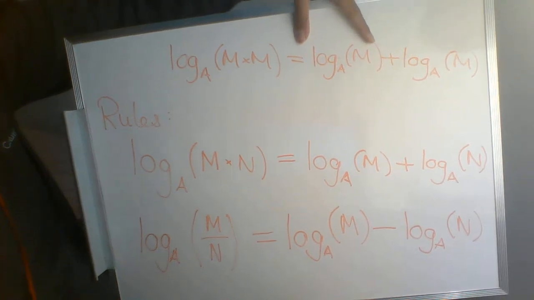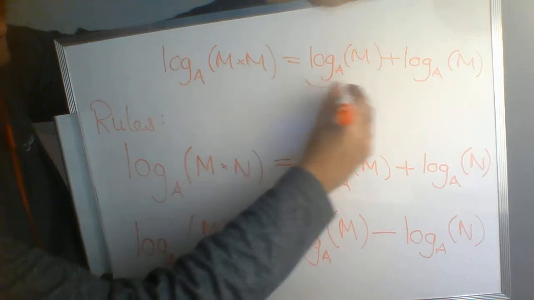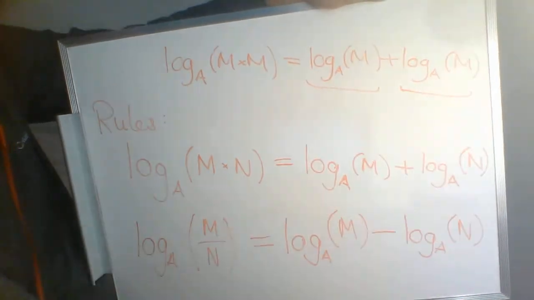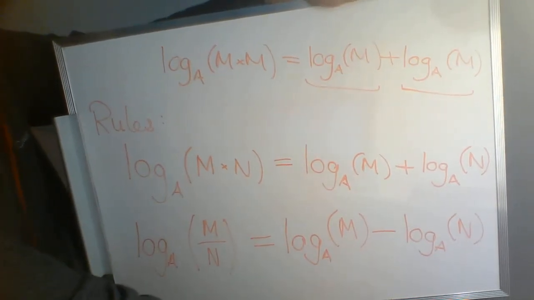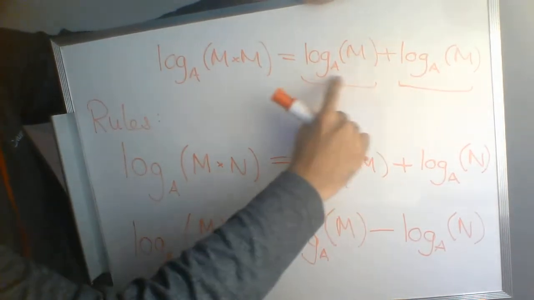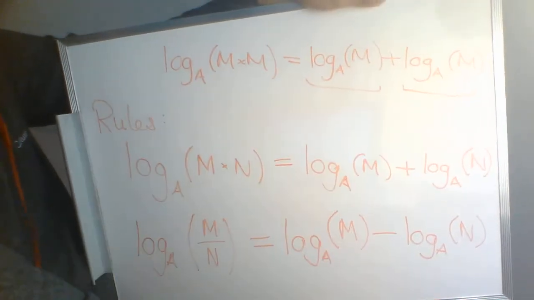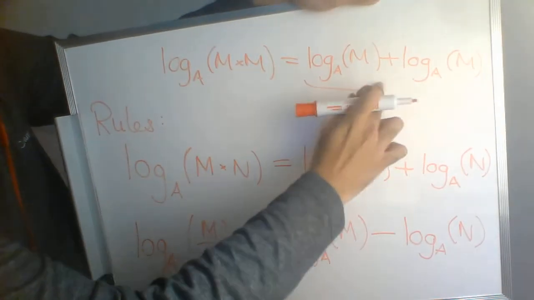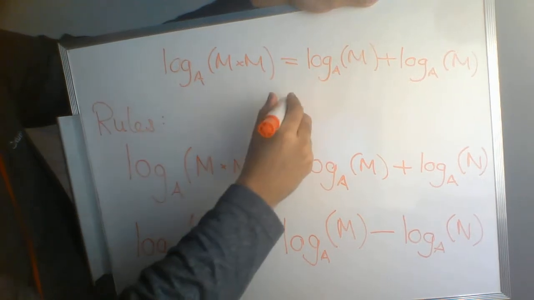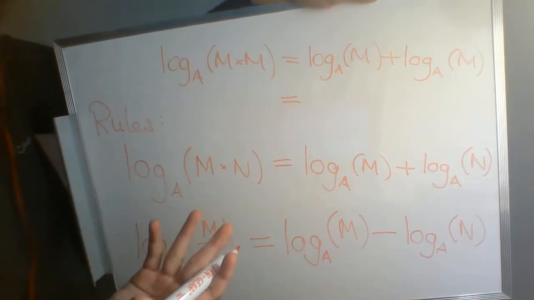This is one giant thing. It looks a little bit ugly. It's log base a of m, but this thing here and this thing here are identical. Agreed? We've got a logarithm in both of them, base a in both of them, and an argument m in both of them. They're identical. So if you've got two identical things being added together, that's the same as just one of those things times 2, right?